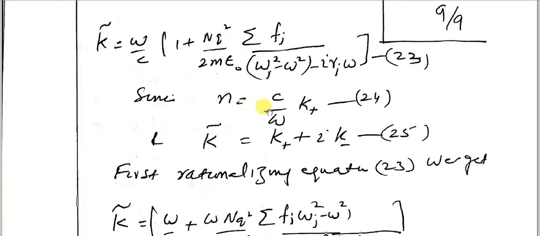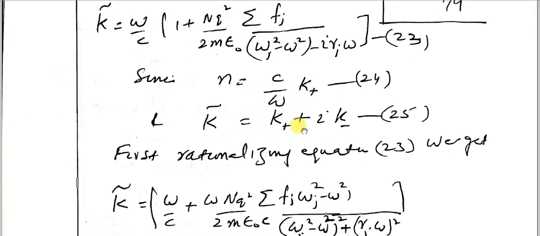So first we rationalize equation 23, this one, because the complex part i is in the denominator, we have to take it to the numerator.